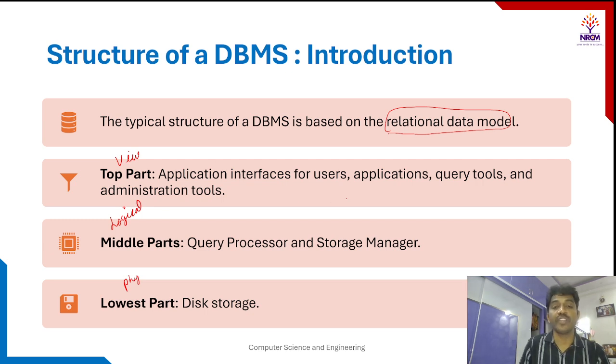There is an application interface for the users and end users: how we are going to extract the data based on their needs. The middle part is the query processing and the storage manager: how it is going to give the data to the user is based on the middle part. And the lowest part is the disk storage: how we are going to store the data in indexed format.